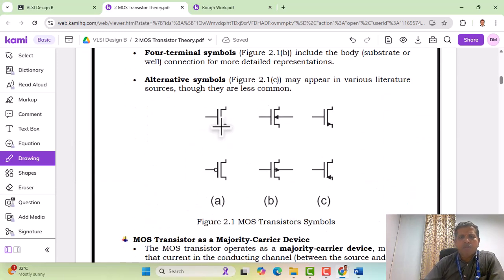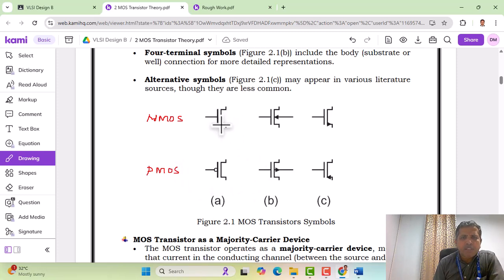The first row represents NMOS transistor symbols, and the second row represents PMOS transistor symbols.